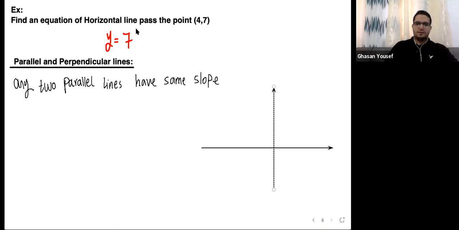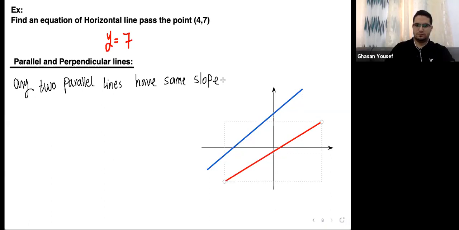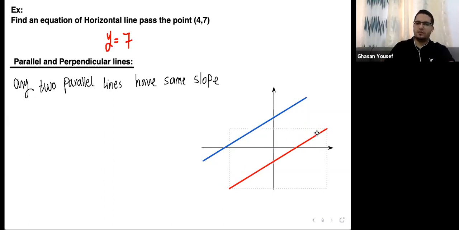Here is my first line, and this is my second line. Both of these two lines, the blue one and the red one, are parallel to each other.